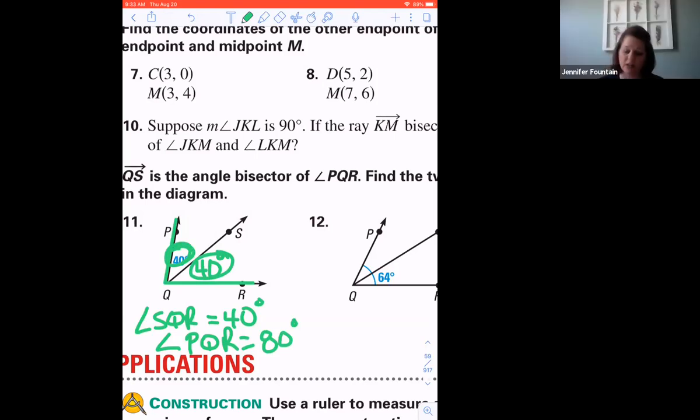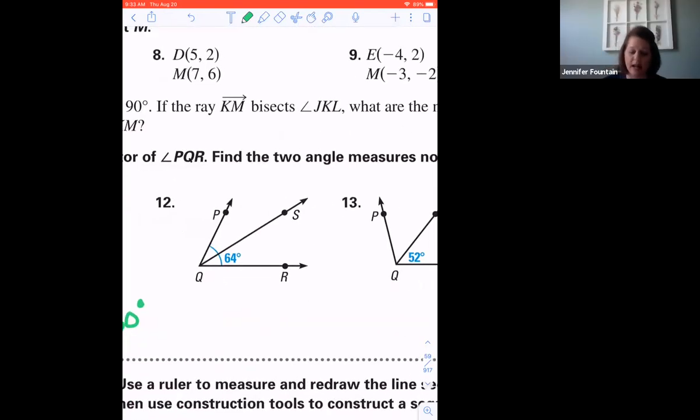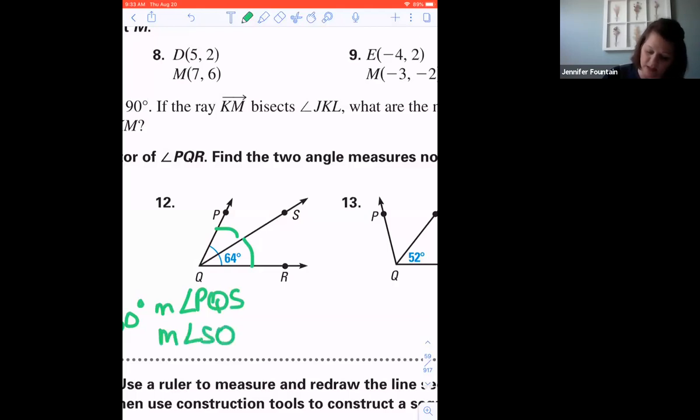Good. Let's look at 12. All right, PQR, the whole thing, is 64 degrees. So now I've got to figure out what this angle is and what this angle is. Again, we know it's going to be a bisector. So I need to find the measure of angle PQS and the measure of angle SQR.